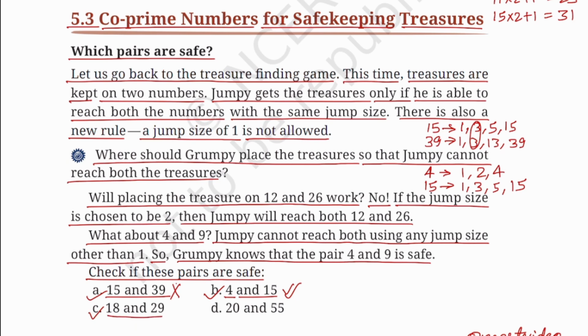Since 29 is a prime number, if you take at least one prime number, the pair will become a safe pair. Similarly, D, 20 and 55. Since 5 is a common factor, this pair is not a safe pair.